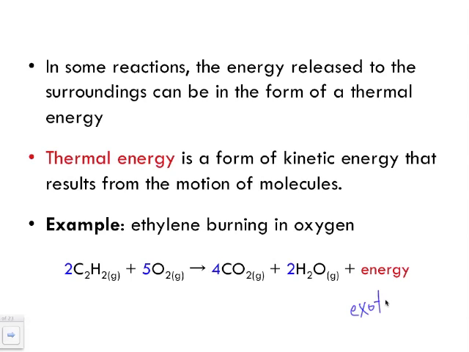Here's a hint, a term that you've seen before. Anytime you have energy on the product side, as we have here, this is considered an exothermic reaction. It means energy is being released from this system into its surroundings. And we're going to talk a little more about system and surroundings in a second.